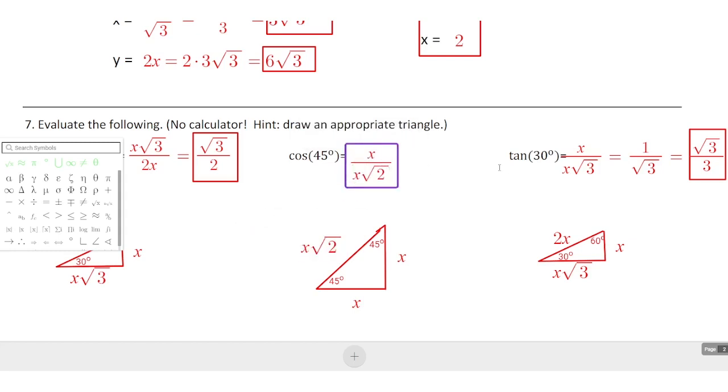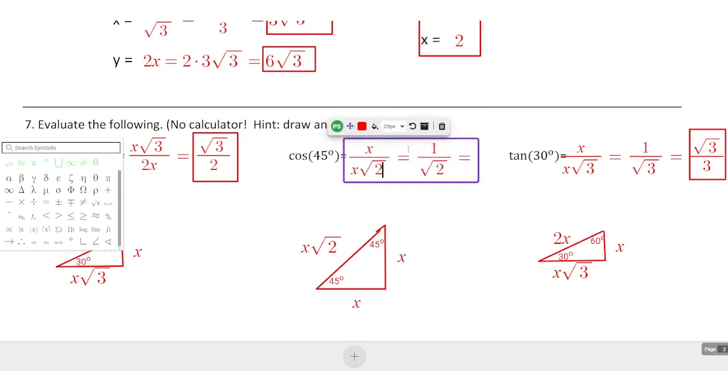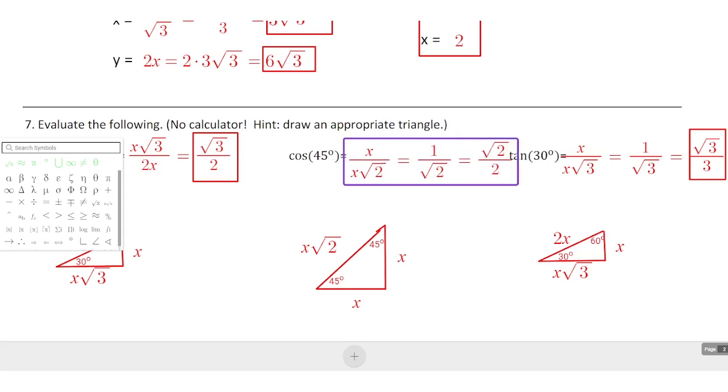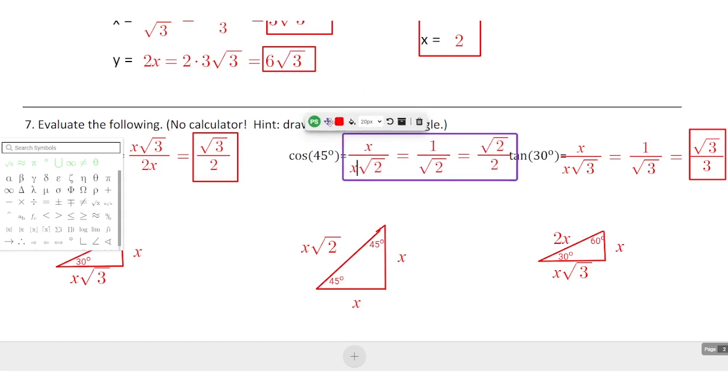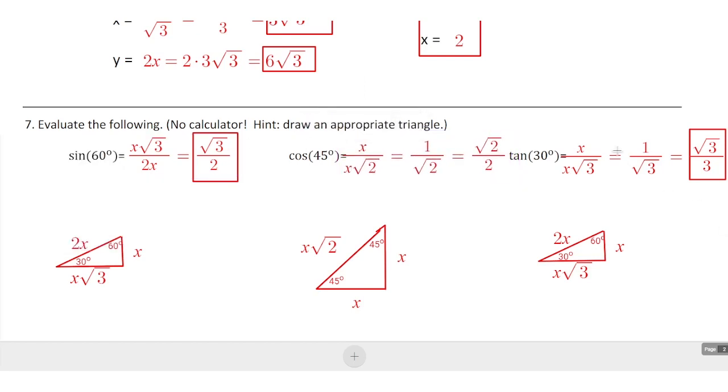When I reduce that, I get 1 over root 2. After I rationalize that by multiplying by root 2 over root 2, I get root 2 over 2. That'll be your answer for cosine 45: root 2 over 2.